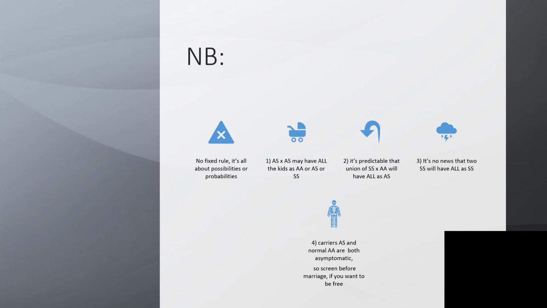Note this, there is no fixed rule, like I've just alluded to a while ago. It is all about possibilities or probabilities. So AS marrying AS may have all their kids as AA, or all as AS, or all as SS. So it's not fixed anywhere.